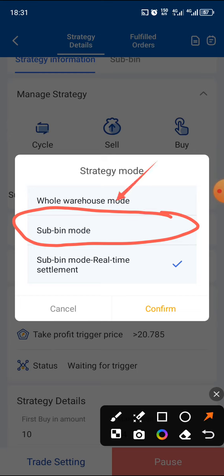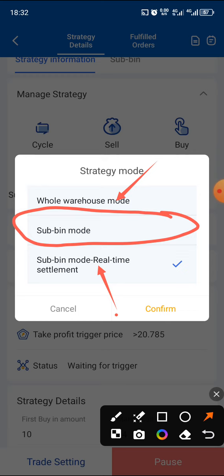Not the all warehouse mode, but we are going to be using the sub-bin mode. Now, briefly, let me talk about this strategy here. The sub-bin mode, how does it work?